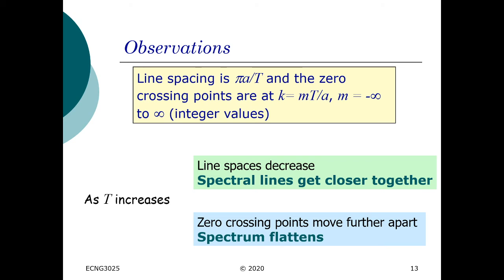So when you say that the spectral lines get closer together, what this means is that because the line spaces decrease, the spectral lines getting closer together means that the entire graph here approaches an impulse.